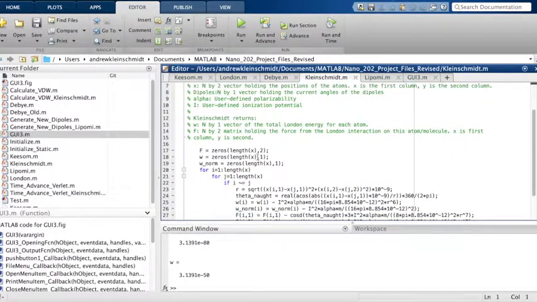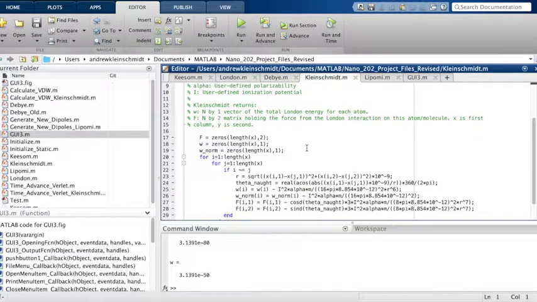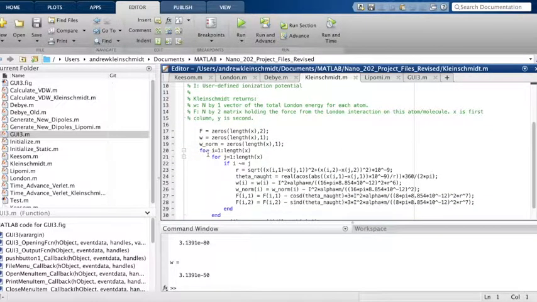The way that we do that is that we do almost the same thing that we did in the Dipole function, but we're going to do two loops instead of just one to go over every atom in the X matrix.